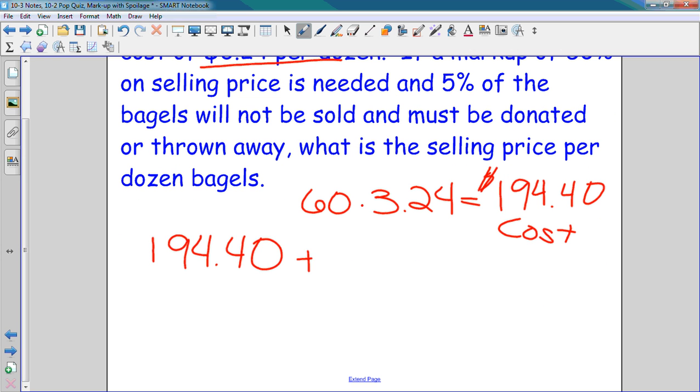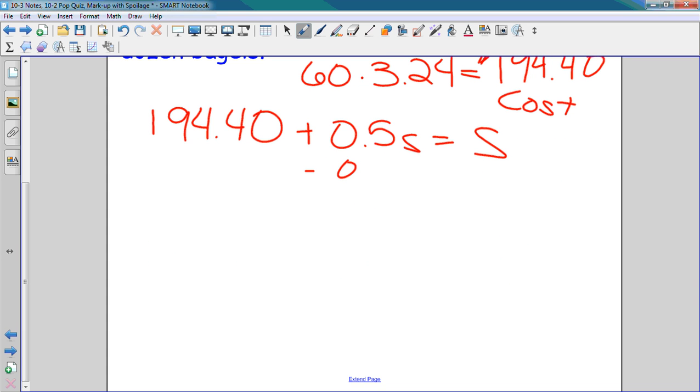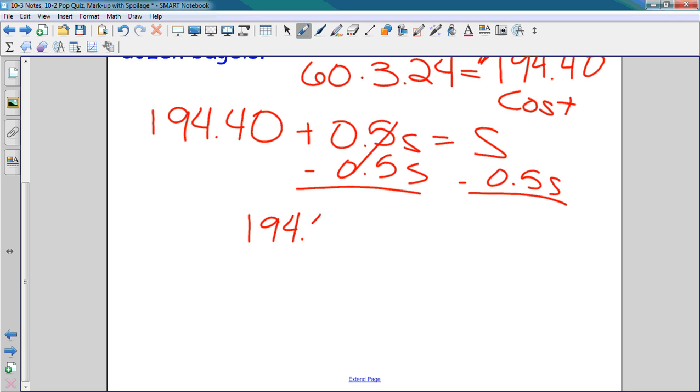What is my markup? 50%, so 0.5s equals 1s. Combine my terms and divide by 0.5. So I have 194.40 equals 0.5s, divide by 0.5.